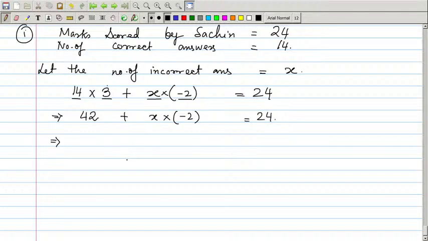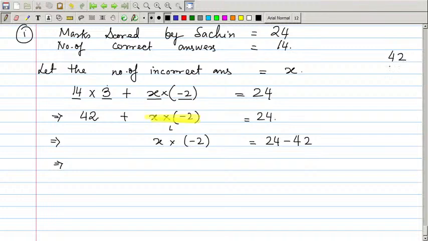So if I want to find out the value of x, then I have to keep the x term on the left hand side and take everything else to the right hand side of the equation, isn't it? So x into minus 2 is equal to 24 minus 42.